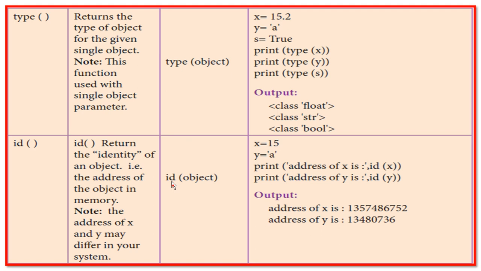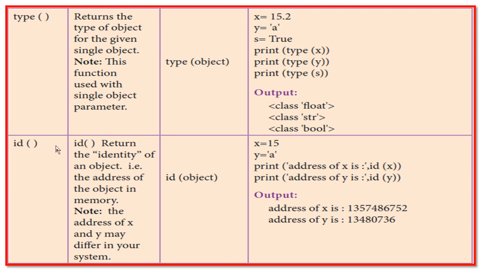Format, id of object, it is a general form. X value is 15. Print address of x is id of x. So it returns the address of the variable x. Another one, id of y. It returns the address of the variable y.